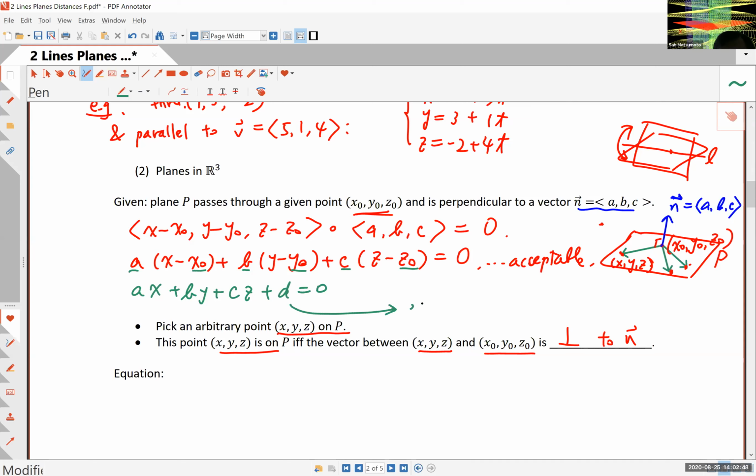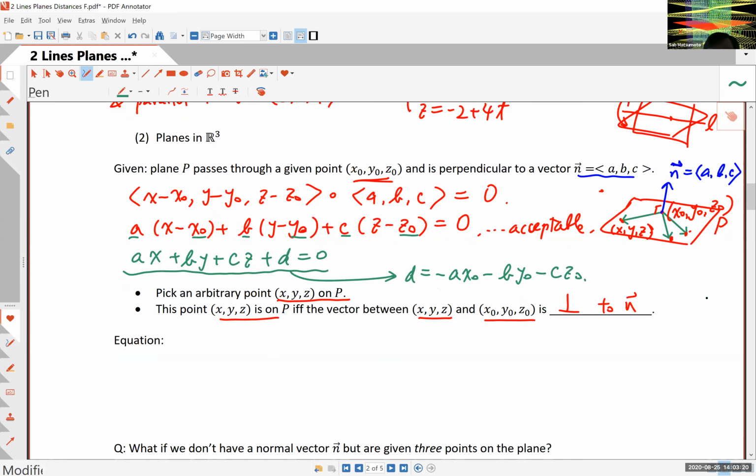So here, d is negative a x naught minus b y naught minus c z naught. You can combine all of the constant terms together and write it as a d. One side should be equal to 0. That is probably the best form of the equation of this particular plane P, or of any general point plane.